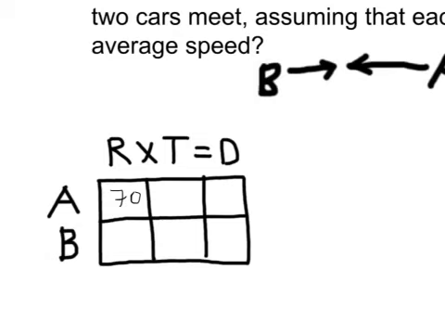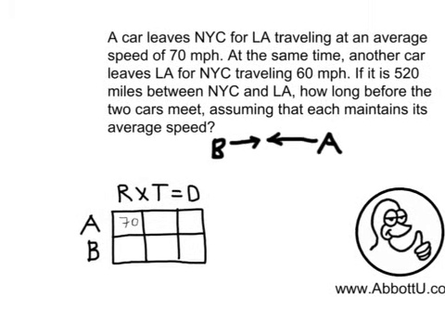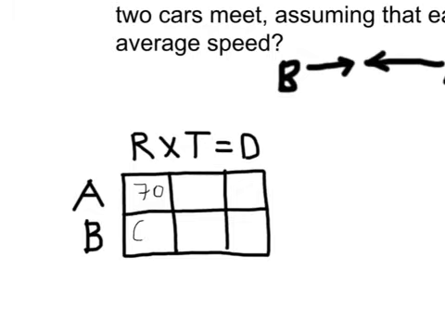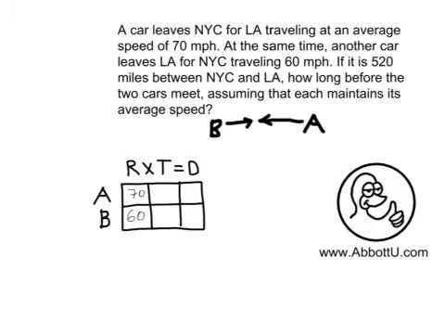I like to put that line through the 7 just to make it very clear that it's not a 1 that I just wrote. And car B travels at 60 miles per hour, so we can write that part too. Alright, and it's 520 miles between New York City and LA. So how long before the two cars meet?